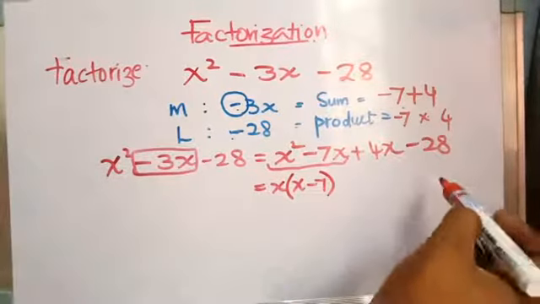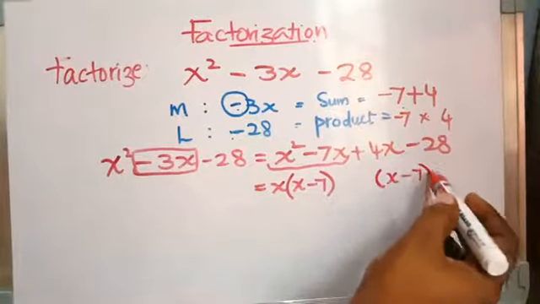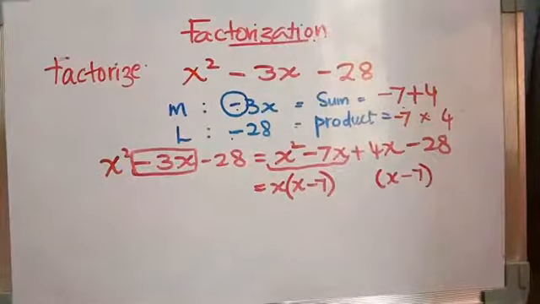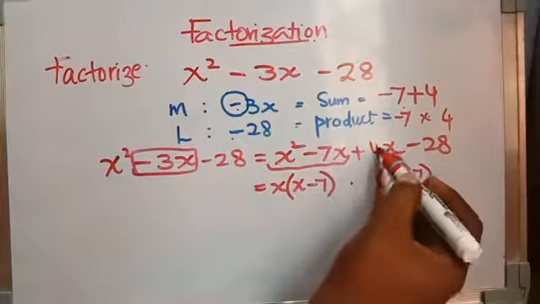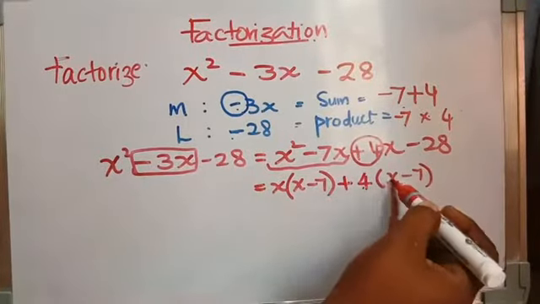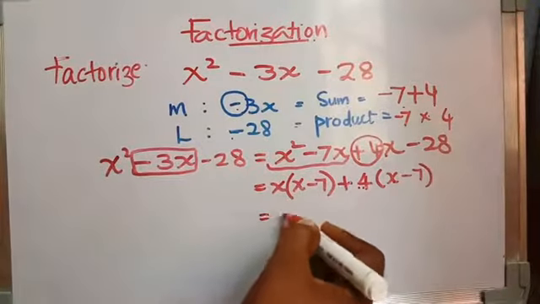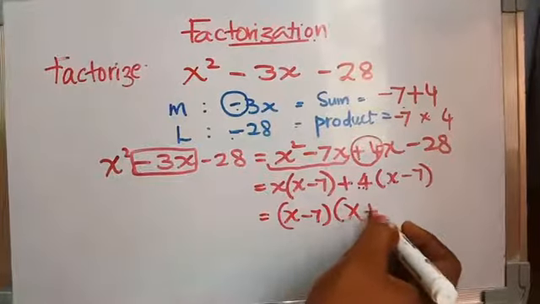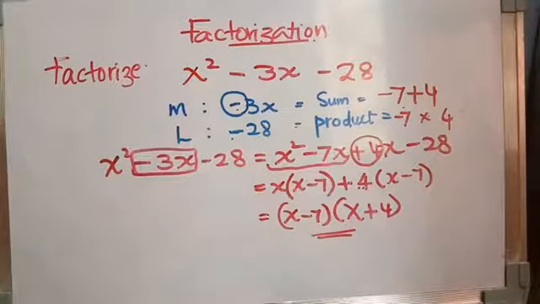That means the next bracket also should be x minus 7. What should be the number here? Yes, take this plus 4. Now verify. Plus 4 into x is 4x, plus 4 into minus 7 is minus 28. So we get the result as x minus 7 into x plus 4. Okay, thank you.